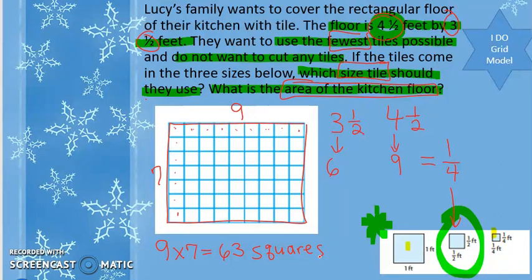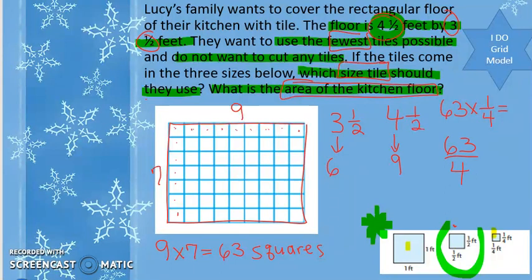So now we're going to do this over here. We have 63 times 1/4. Then we know that we are going to have 63/4.